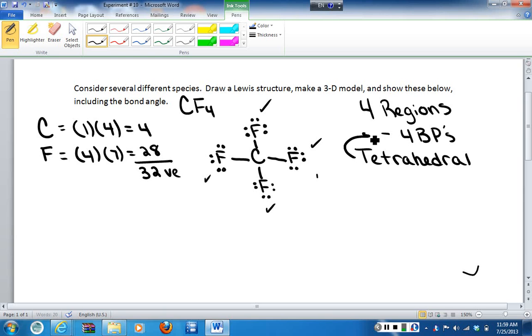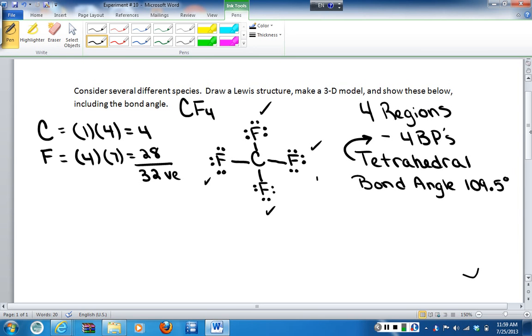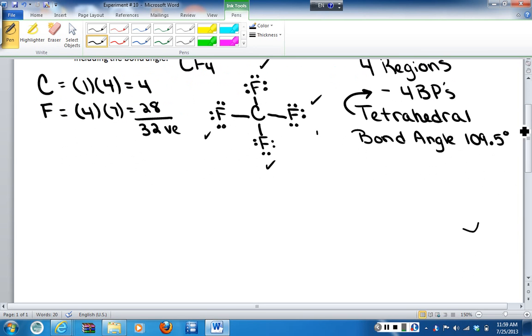So all bonding means we have a tetrahedral geometry. And tetrahedral molecules have a bond angle of 109.5 degrees.